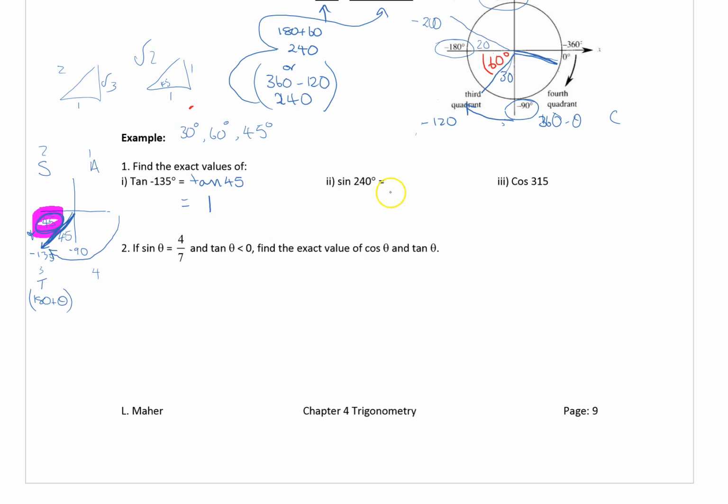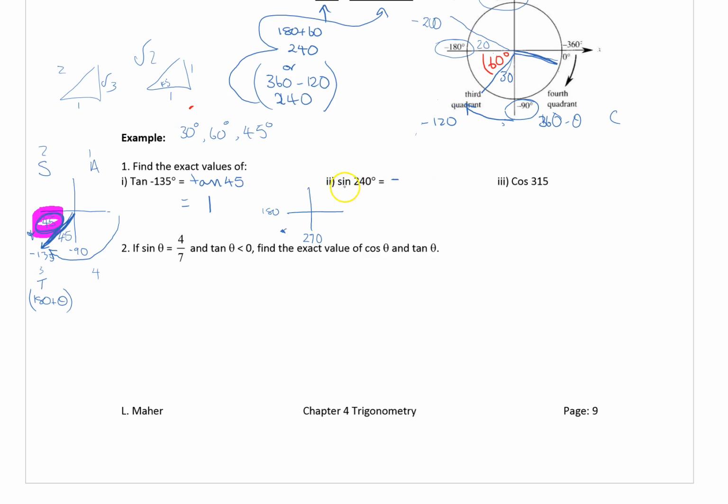Okay, sine 240. So we're back to positive angles now. So we're going in the nice positive direction. And 240 again occurs down here, doesn't it? Because it's between 180 and 270 when we're going in the positive direction. What do we know about sine down here? We know that sine is negative.